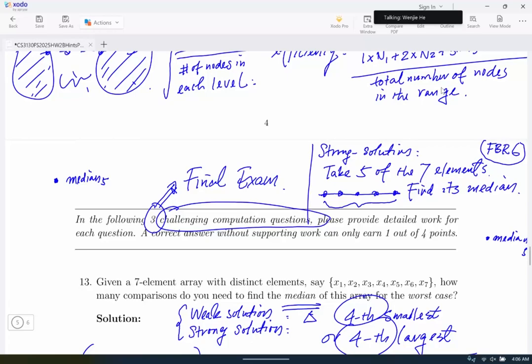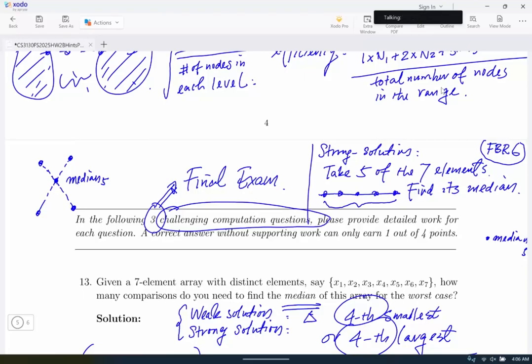Then other than this local median, we can call it a local median, not a global median. There are 4 other elements: there are 2 elements above this median, greater than this median, and 2 elements below this median, less than this median.